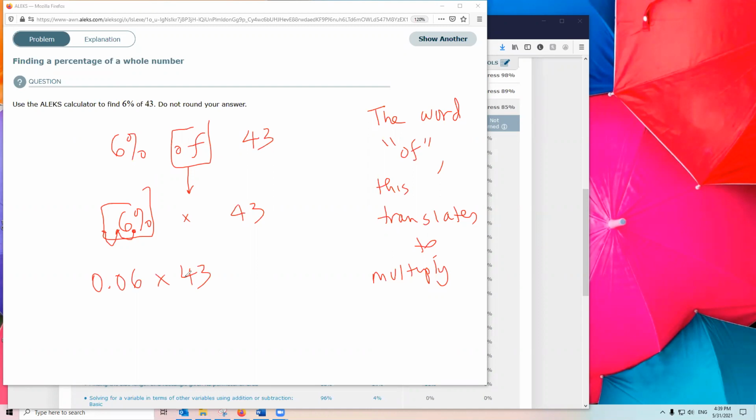And on this problem, Alex will give you a calculator over on the right-hand side of the screen. So you can work this out. You'll get the answer 2.58. Okay, so what we did is we changed the word "of" to be a multiply symbol. We changed 6% to its decimal equivalent, and then we just multiplied using a calculator.